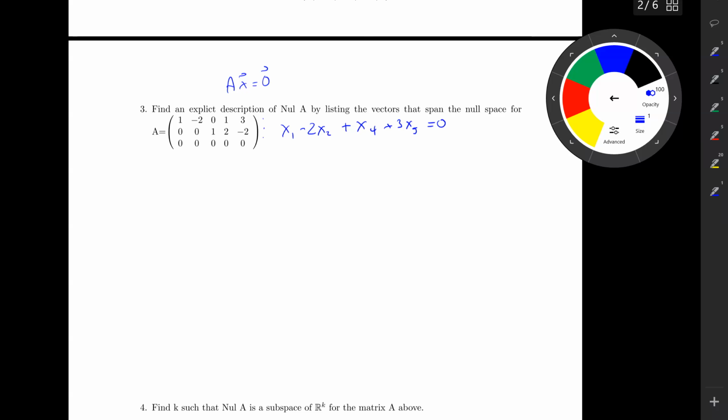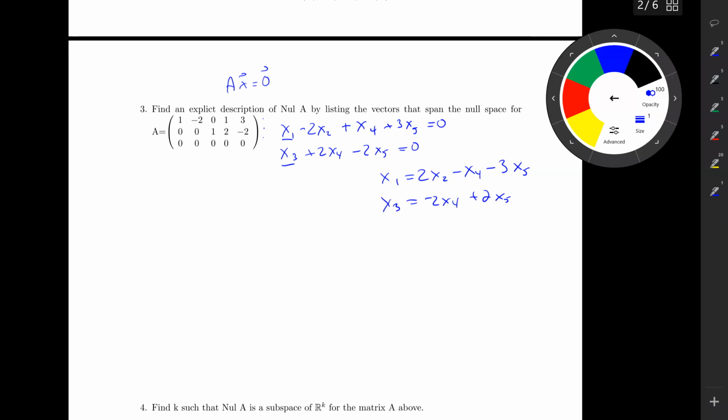There's no difference putting zeros at the end, so I just imagined it there. The second row gives me x3 plus 2x4 minus 2x5 equals 0. So there's two basic variables only. Let's solve for those. x1 is 2x2 minus x4 minus 3x5. x3 is negative 2x4 plus 2x5.